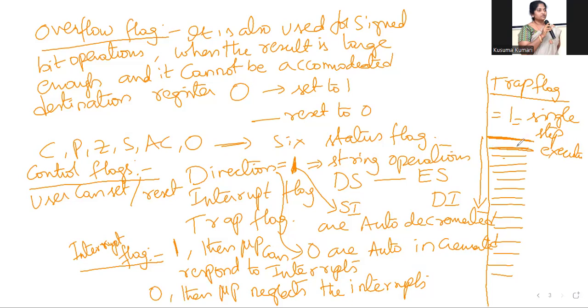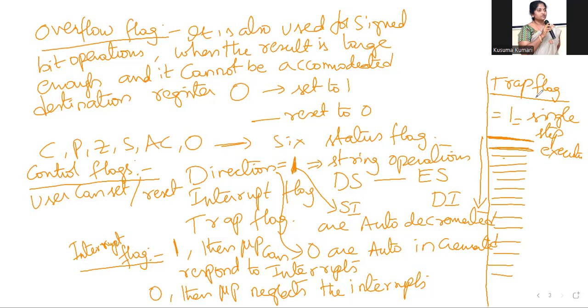After completing the second instruction, again it stops the execution and verifies the contents of various registers and memory locations. So for every instruction, the execution is temporarily stopped and verified. That is why it is called single step execution.